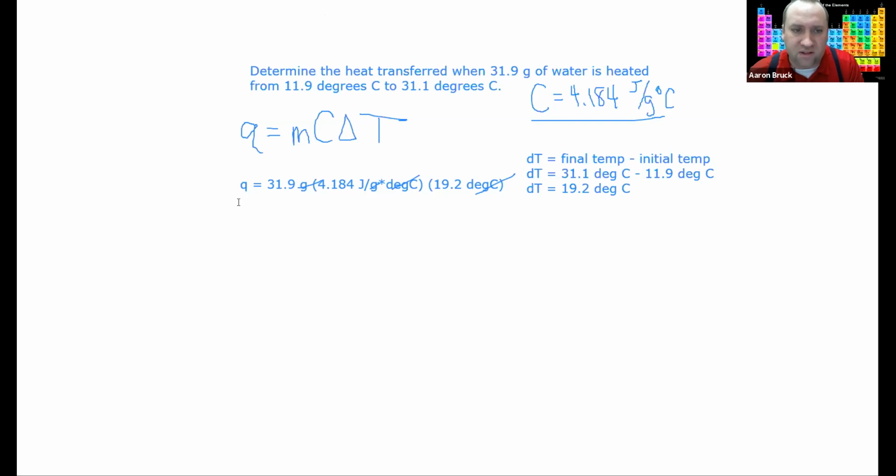All that is left is the value of Q. Q is equal to 31.9 times 4.184 times 19.2, and to three significant figures, I get 2,560 joules of energy.